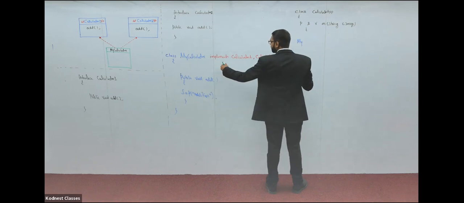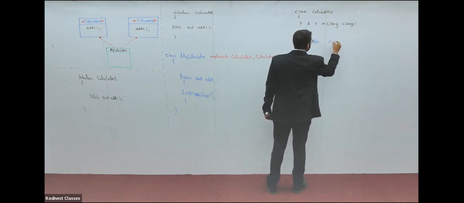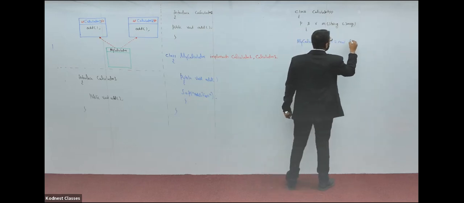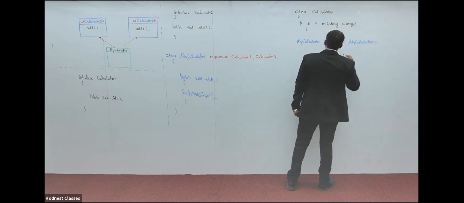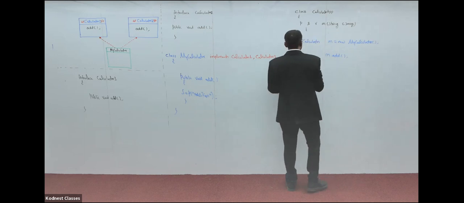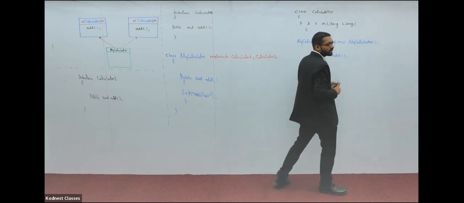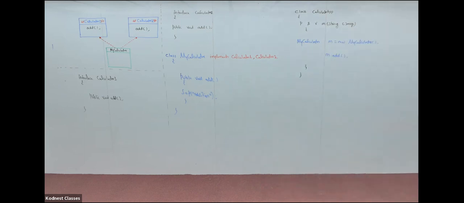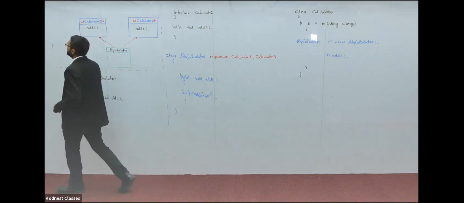Can I create the object of MyCalculator? MyCalculator m equals new MyCalculator. Then I would say m.add. That is the opening of the main method, possibly closing of the main method, closing of the class. What will be the output of this program? Output is addition. Okay.